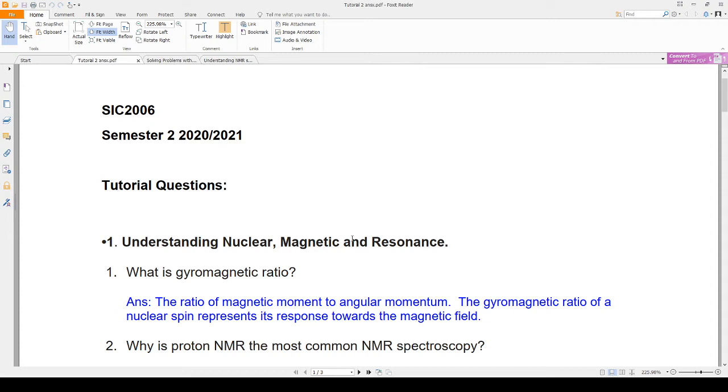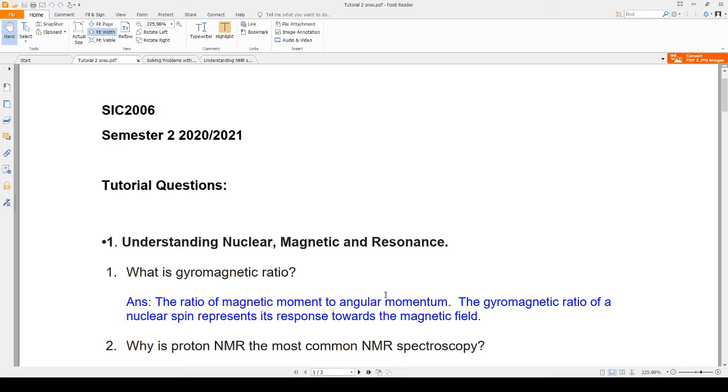Okay, so what is gyromagnetic ratio? In terms of a definition, it's a ratio between the magnetic moment and the angular momentum.